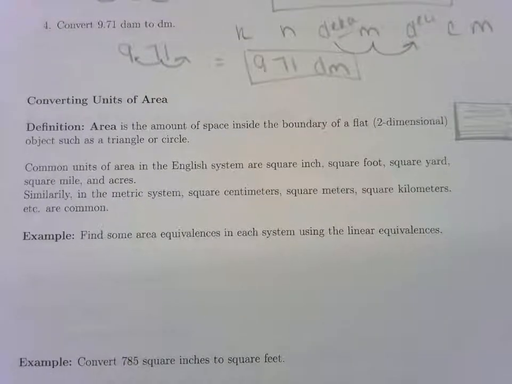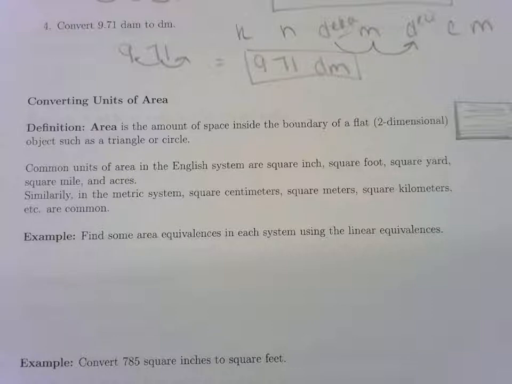Common units of area in the English system are square inch, square foot, square yard, square mile. We also have acres, which, if you see acres on the SAT, they'll give you how many square miles or square feet are in an acre. I know they don't require you to memorize acre.